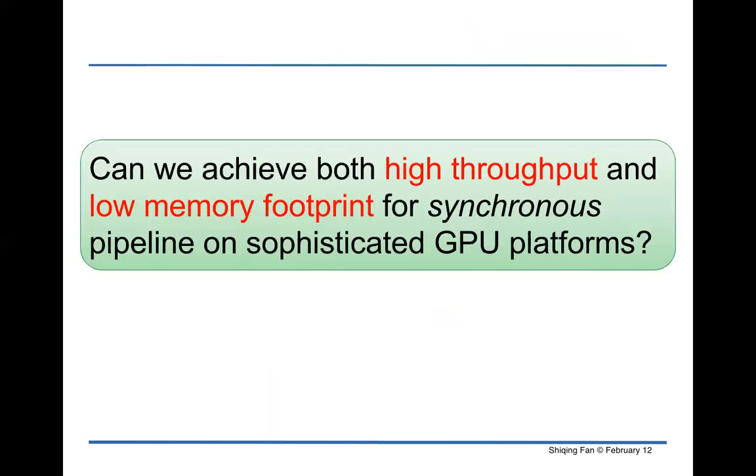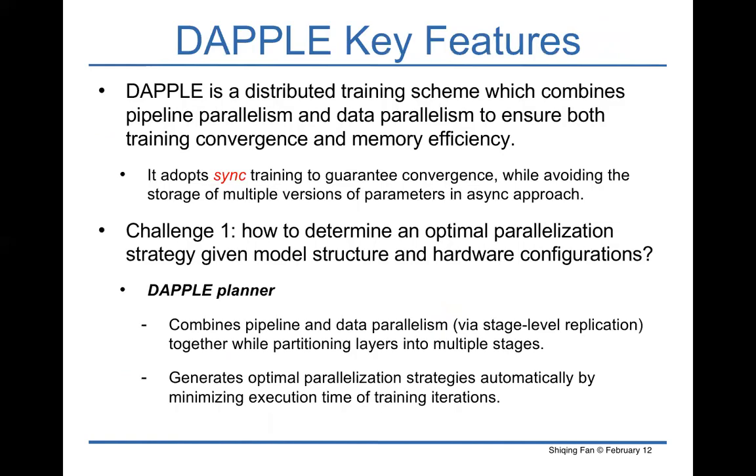So, can we achieve both high throughput and low memory footprint for synchronized pipeline on sophisticated GPU platforms? In this paper, we propose DAPPLE, a distributed training scheme which combines pipeline parallelism and data parallelism to ensure both training convergence and memory efficiency.